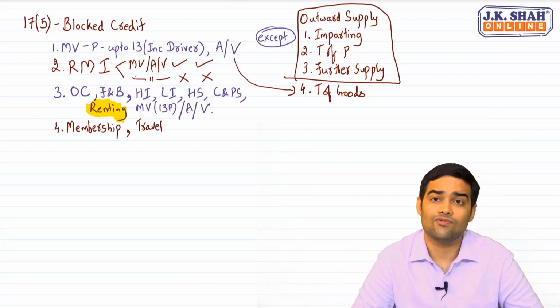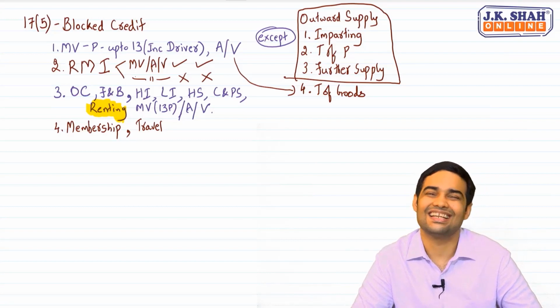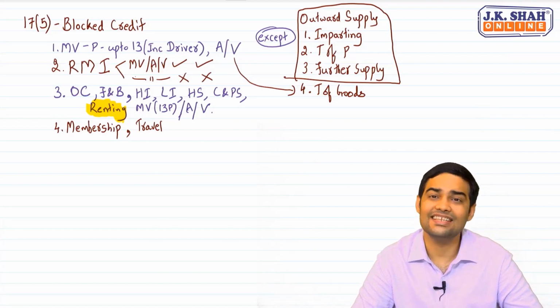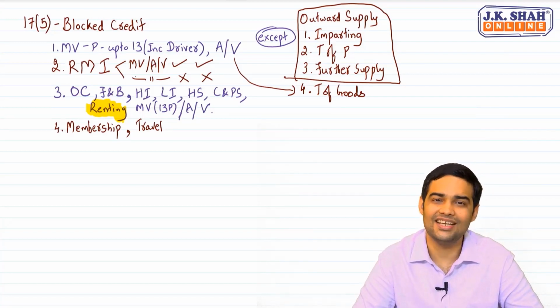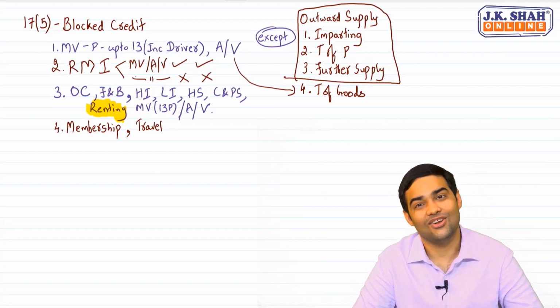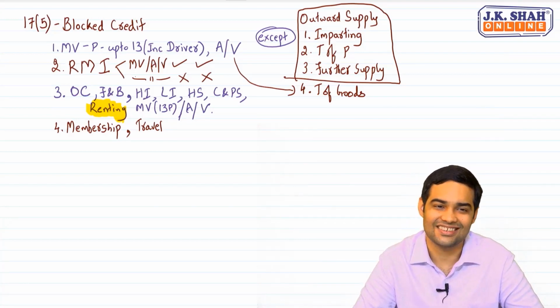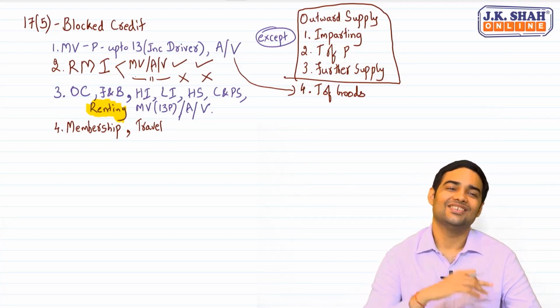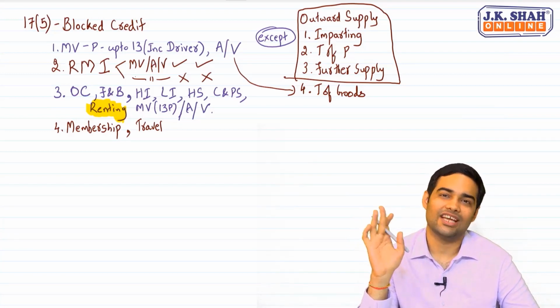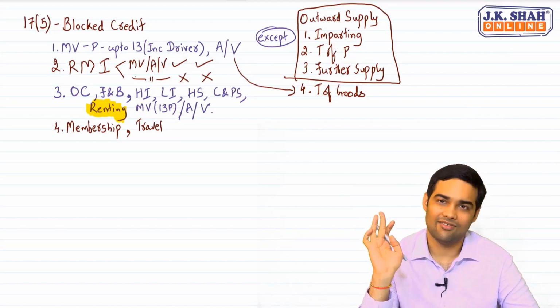But if it is for vacation of employees and consumption, membership of fitness center for employees, consumption. And then the law also says if it is obligatory, in that case ITC would be available. I don't know where travel benefits are obligatory, that is required under a law, meaning you will have to send the employees on vacation. Okay. So membership of clubs and travel benefits to employees on vacation, ITC will not be available.